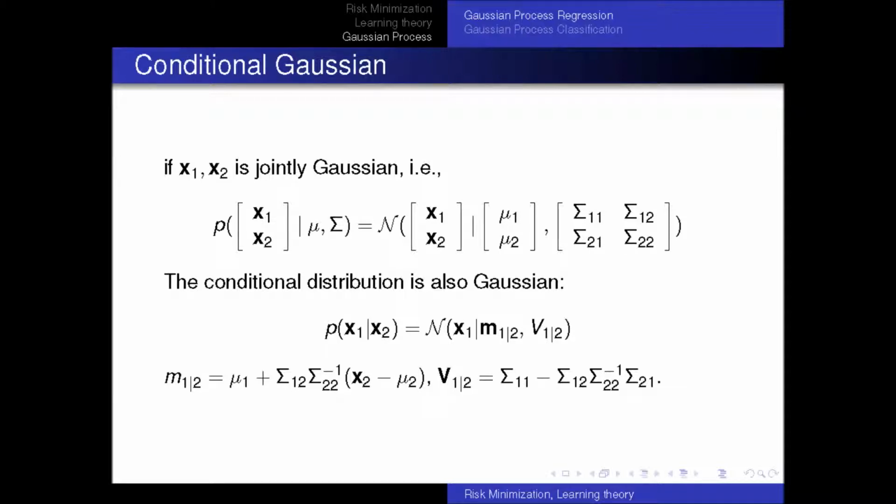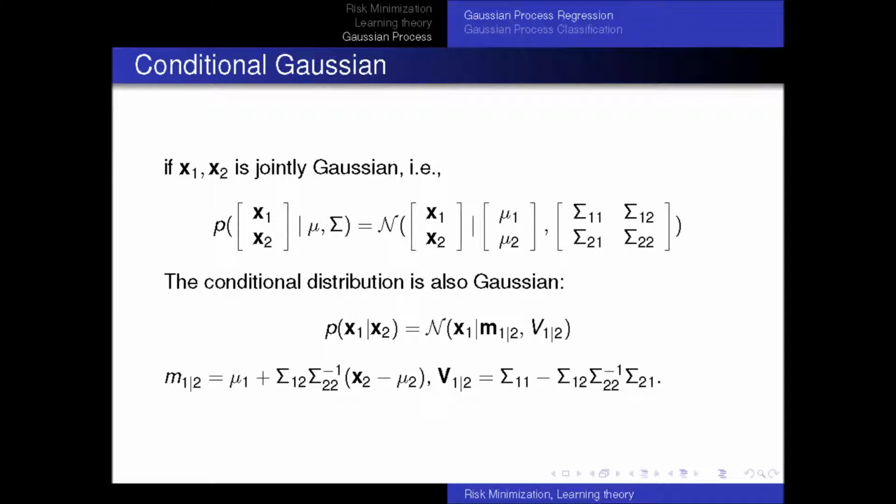If they are jointly Gaussian, which means the joint distribution of x1 and x2 follows a Gaussian distribution with mu1 the mean for x1, mu2 the mean for x2, sigma 11 the covariance matrix for x1, sigma 12 the covariance matrix for x1 and x2, and sigma 22 the covariance matrix for x2 itself.